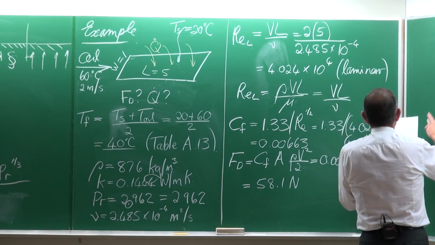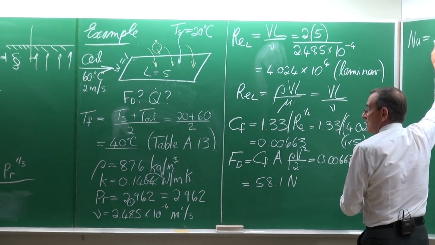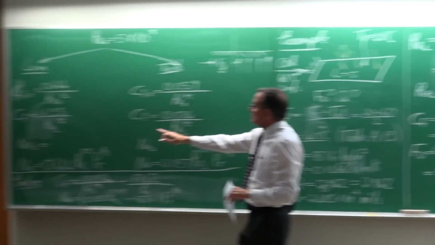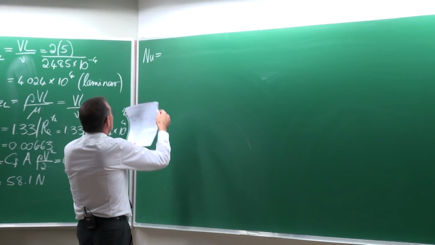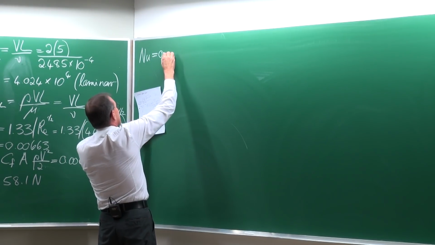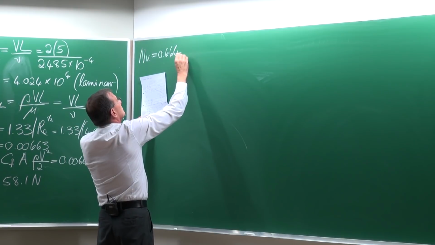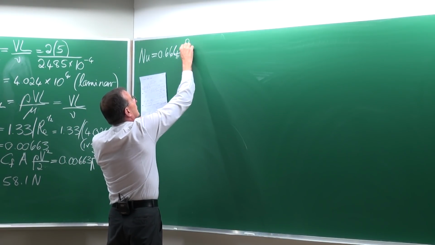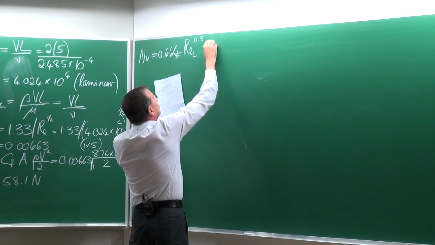Let's determine the heat transfer. For that, we first need to get the Nusselt number. Again, we're going to use the Nusselt number for laminar flow because everything is laminar. It's equal to 0.664 multiplied by Reynolds to the 0.5, Prandtl to the third.